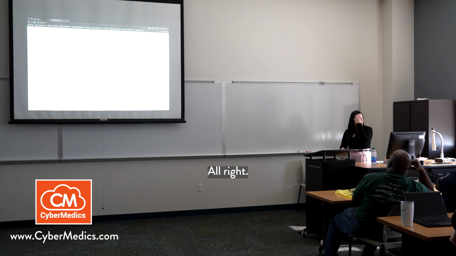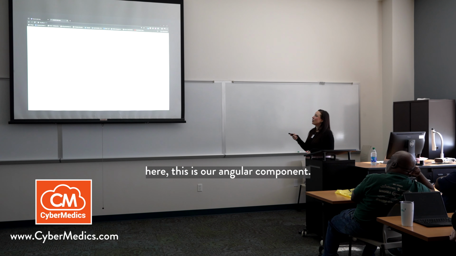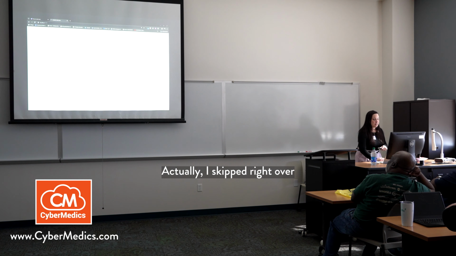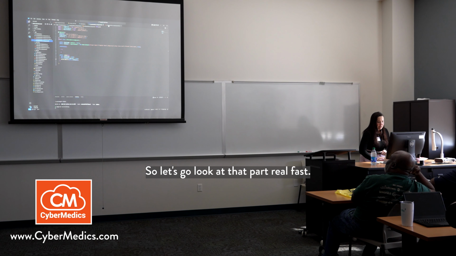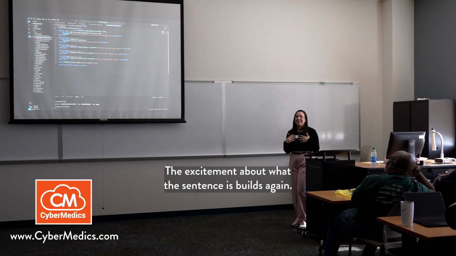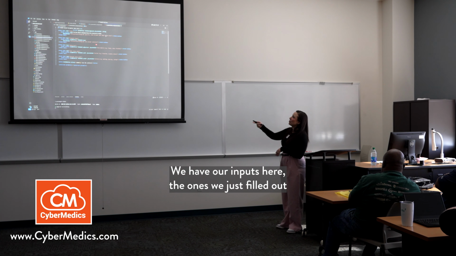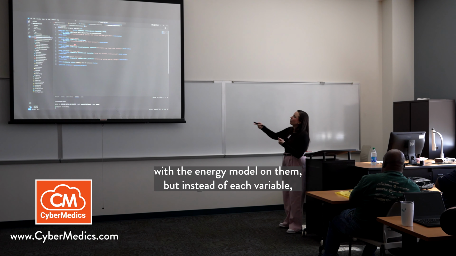All right. So again, up here, this is our Angular component. Actually, I skipped right over that. So let's go look at that part real fast. I just want to keep you waiting. It's like the excitement about what the sentence builds. Again, we have our inputs here, the ones we just filled out with the ng model on them.